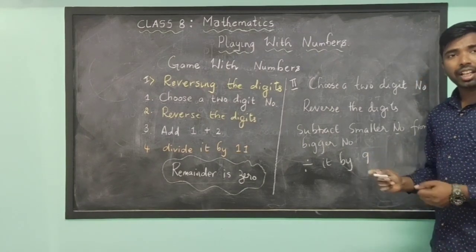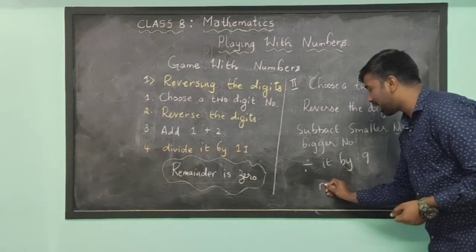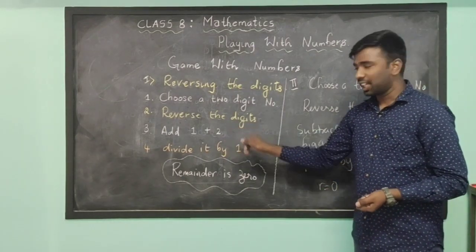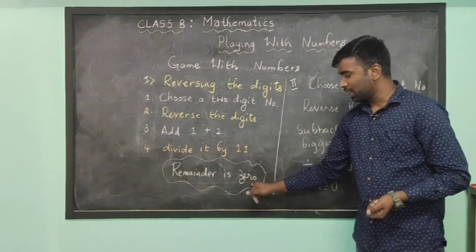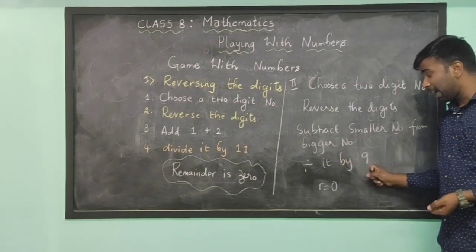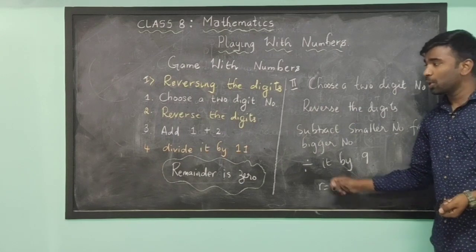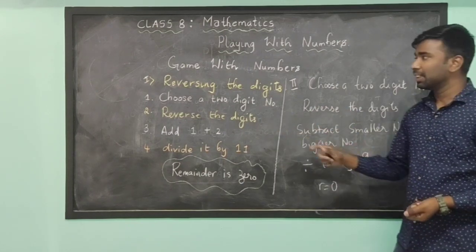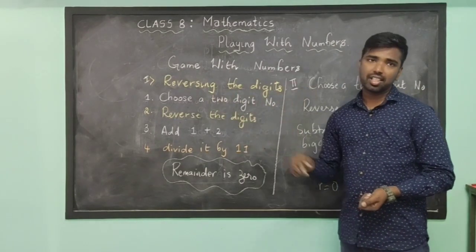Now again the trick is the remainder will be 0. If you add and divide by 11, the remainder is 0. If you subtract and divide by 9, the remainder is 0. These are the two tricks which are learnt in reversing the digits.